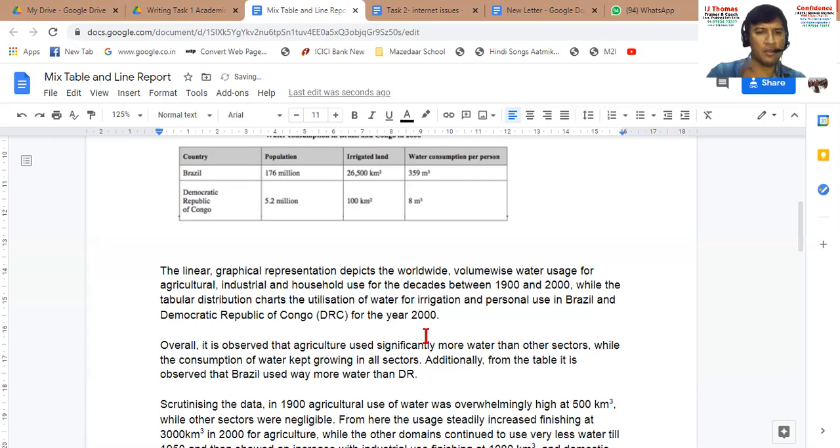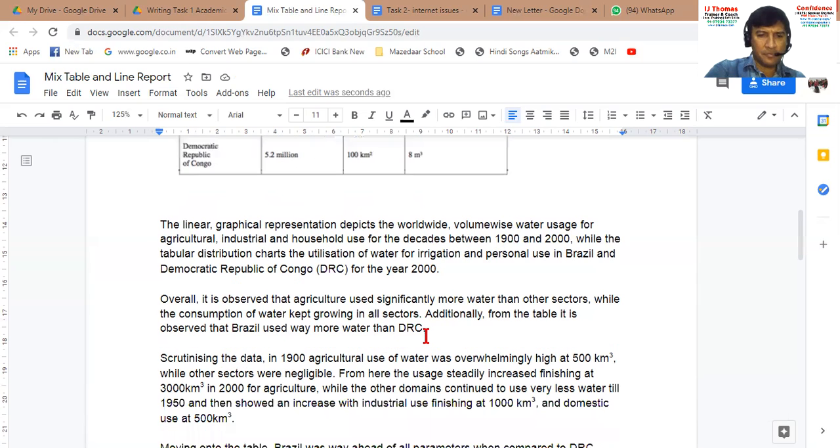Continue. Now you finished this too. Now you're looking at the data. Scrutinizing the data. In 1900, agriculture use of water was overwhelmingly high at 500 cubic kilometer, while other sectors were negligible.